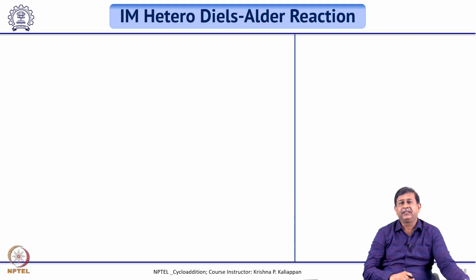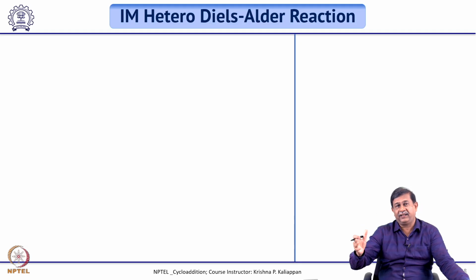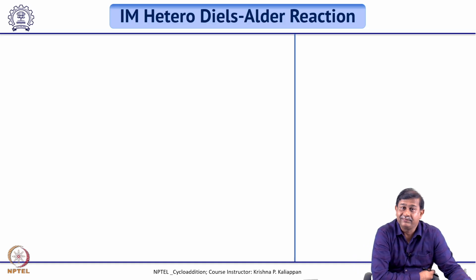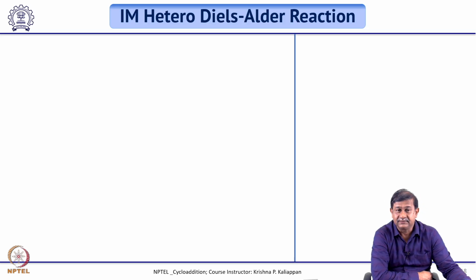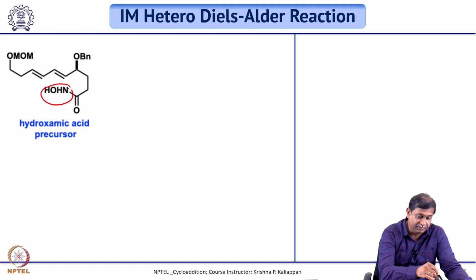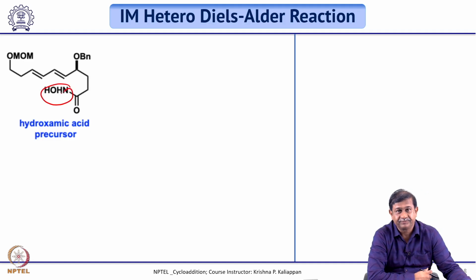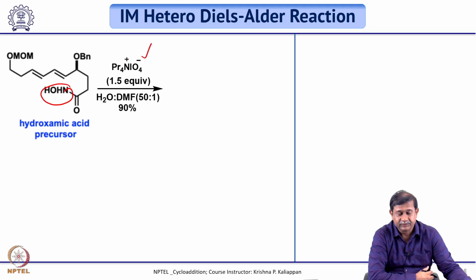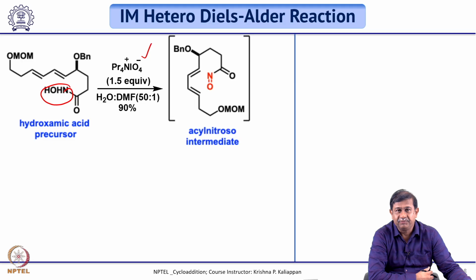So can we do intramolecular hetero-Diels-Alder reaction? Intramolecular hetero-Diels-Alder reaction, we have discussed quite a few examples. Is it possible to have a heteroatom in the diene or dienophile in intramolecular Diels-Alder reaction? Yes, it is known. See, for example, if you take this hydroxamic acid precursor, okay, if you treat with oxidizing agents, this NHOH can be oxidized to the corresponding nitroso compound.